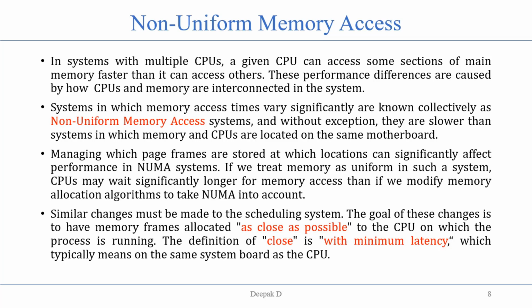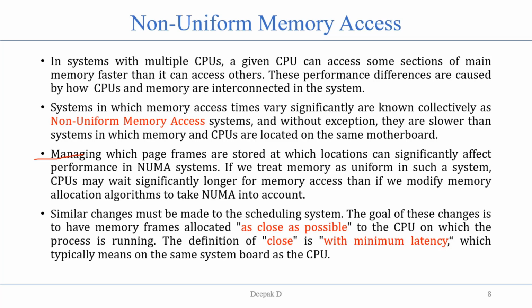Systems in which memory access time varies significantly are known as non-uniform memory access systems, and without exception they are slower than systems in which memory and CPU are located on the same motherboard. Managing which frames are stored at which location can significantly affect performance in non-uniform memory access systems.